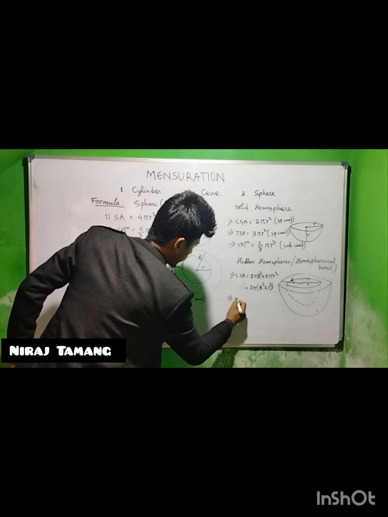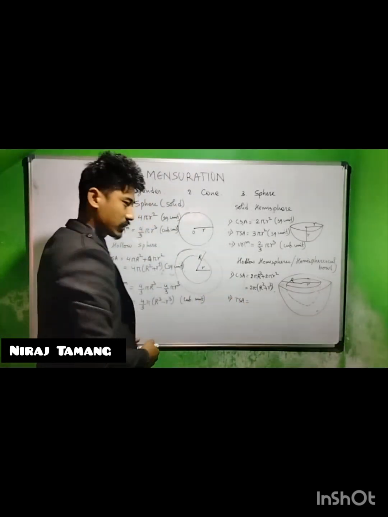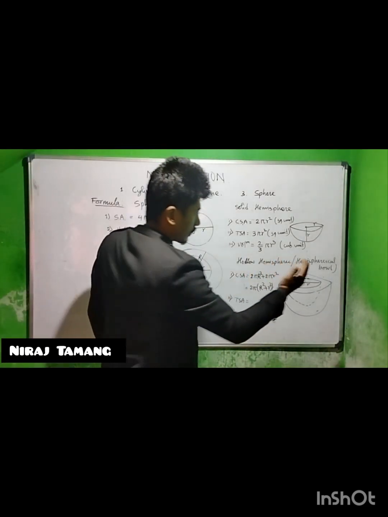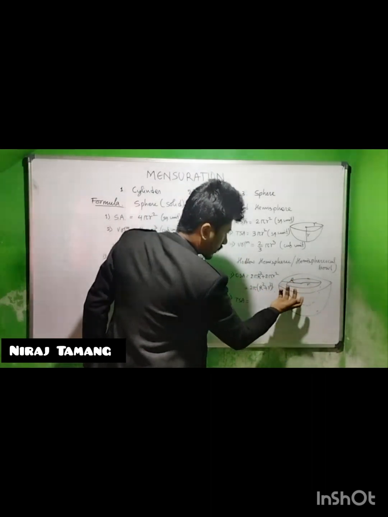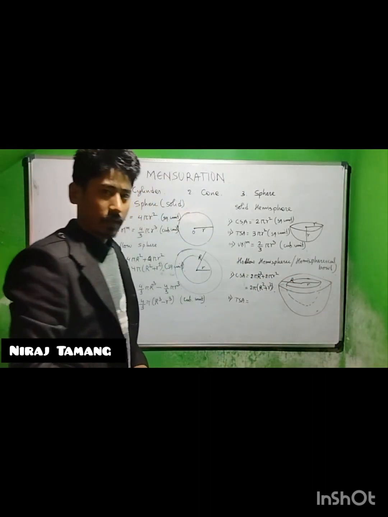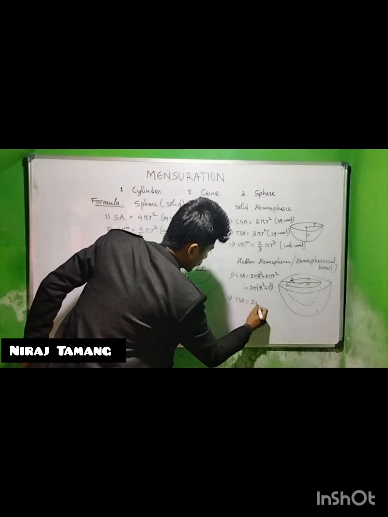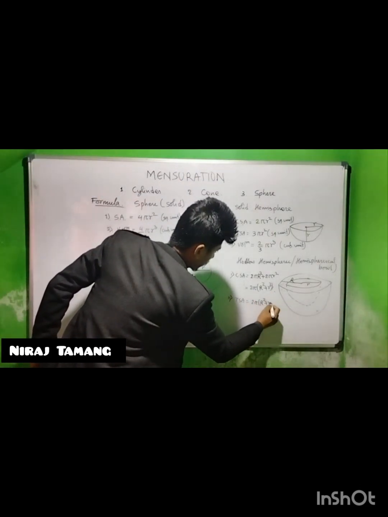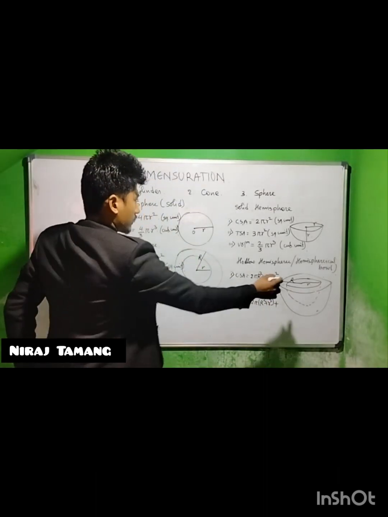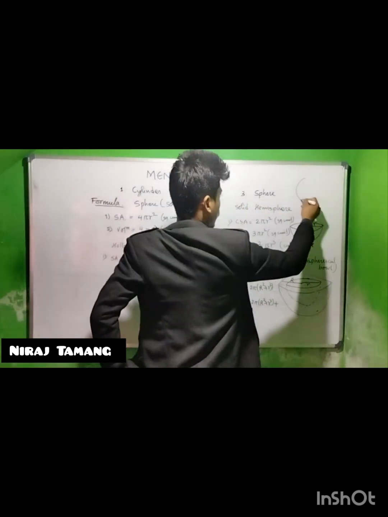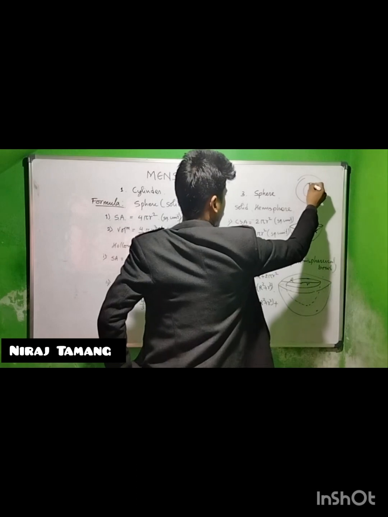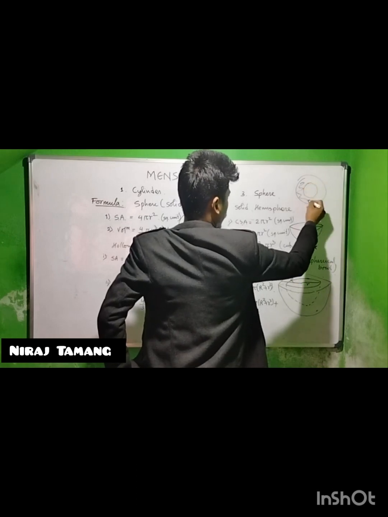Number 2, TSA. TSA is the total surface area. That means outer curved surface area, inner curved surface area plus the surface area of the plane surface. Alright, so it is 2 pi (capital R square plus small r square) plus, it is like this, the circular part, and this is the inner part. So we have to find the area of this.